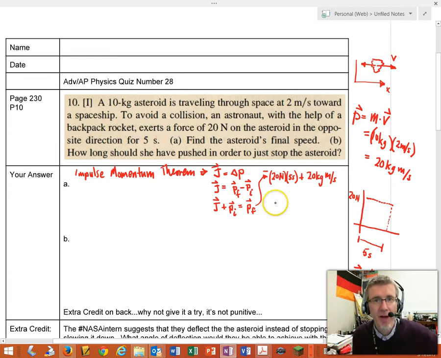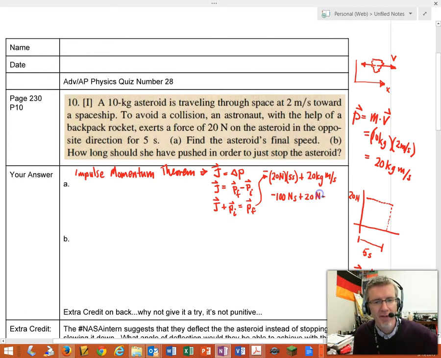A newton is a kilogram times a meter per second squared, and times a second is a kilogram meter per second. And so what you've got is minus 100 newton seconds plus 20 newton seconds, which is minus 80 newton seconds.